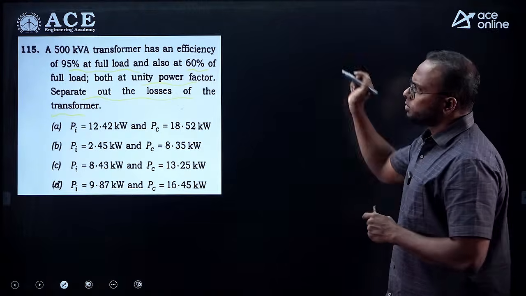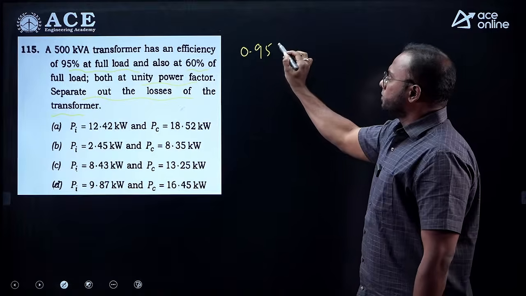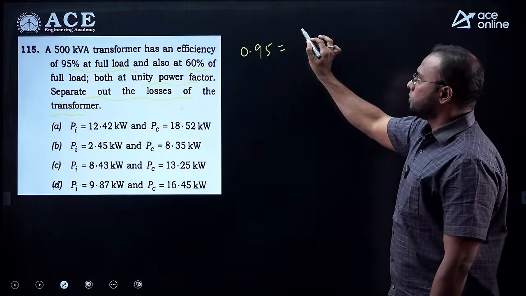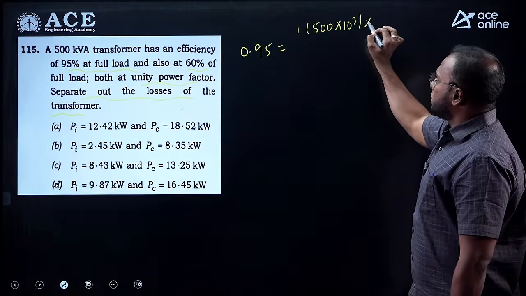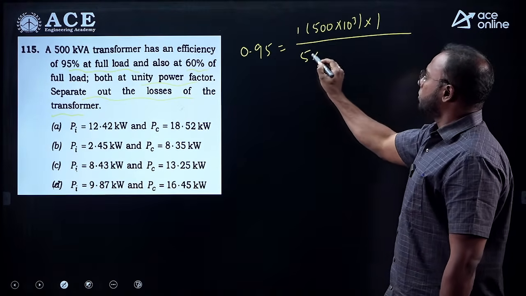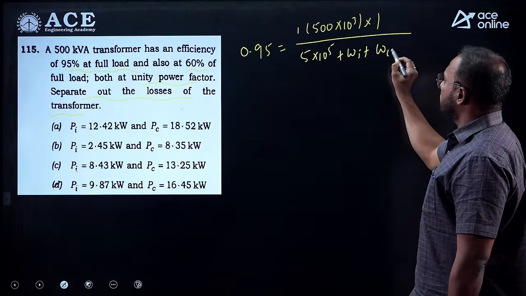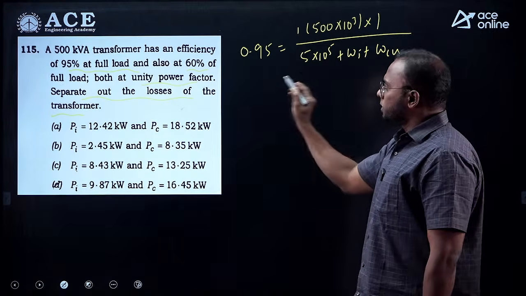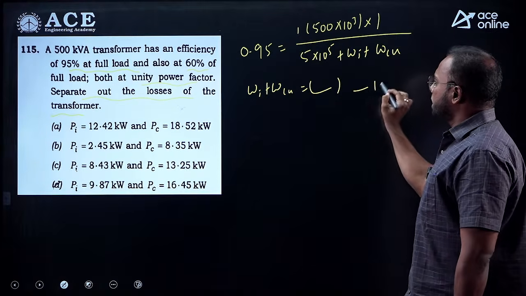If you substitute, initially the efficiency 0.95 at full load means X is 1, into 500 into 10 cube, at power factor 1, divided by 5 into 10 power 5 plus iron loss plus 1 into copper loss. Cross multiplying, we get one equation in iron plus copper. Simplify this, we get some value, let this be equation 1.